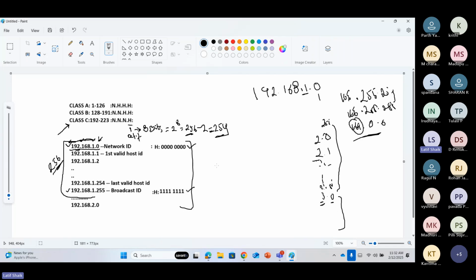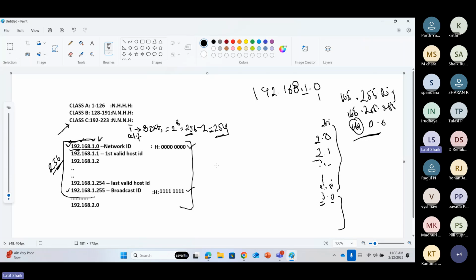So in a class C, one single host portion means 8 bits. 2 to the power of 8 is 256. In total 256 IP addresses, of which 2 are the very first and very last. The very first is the network ID, where the entire host portion is 0. The very last is the broadcast ID, where the entire host portion is all ones.